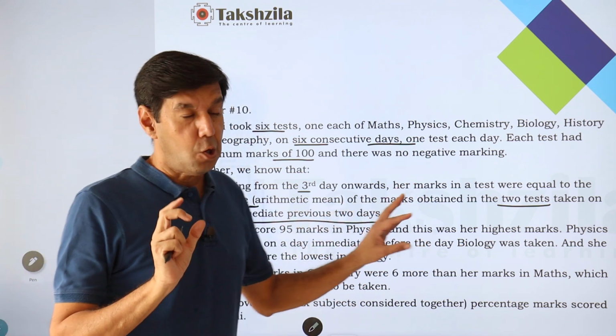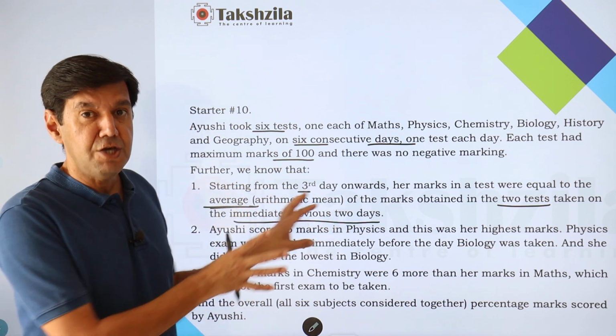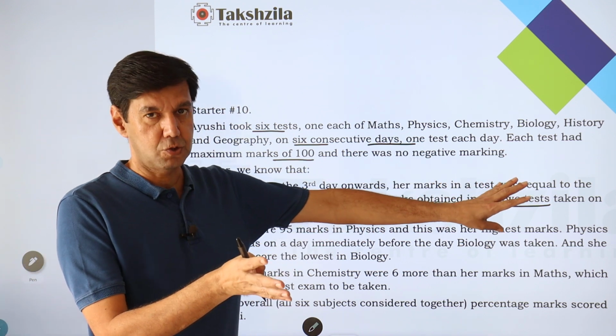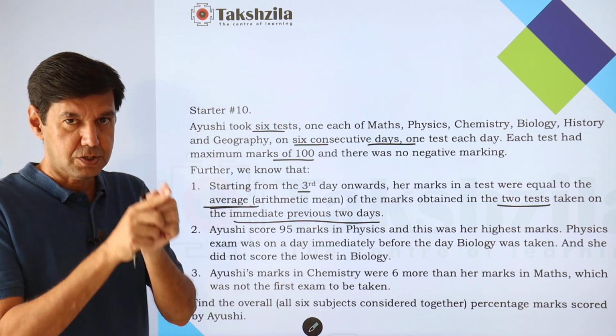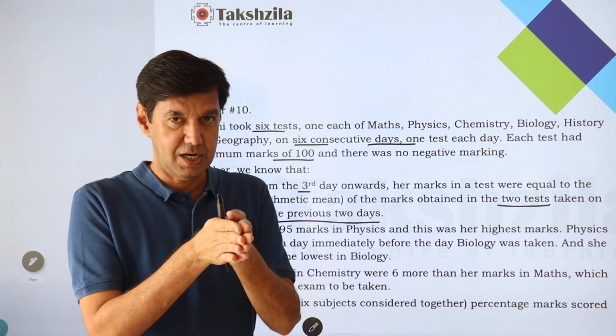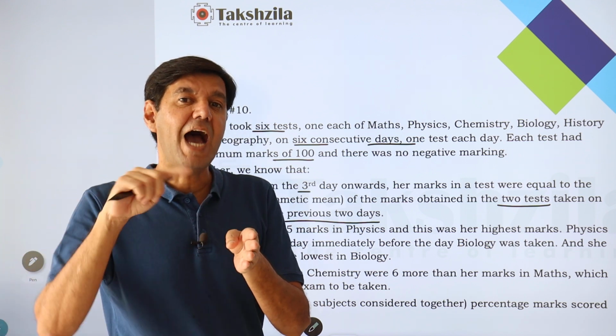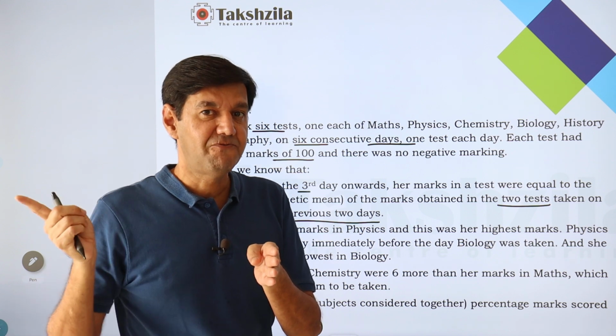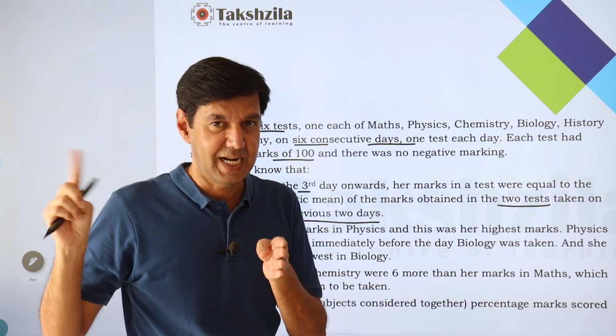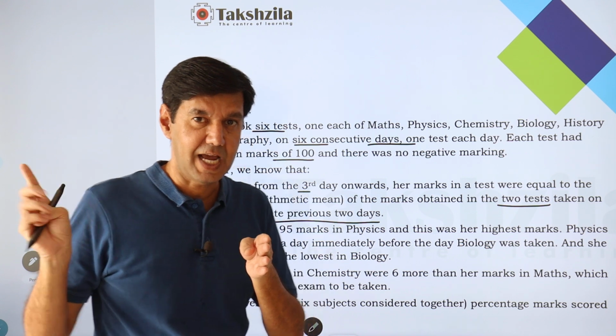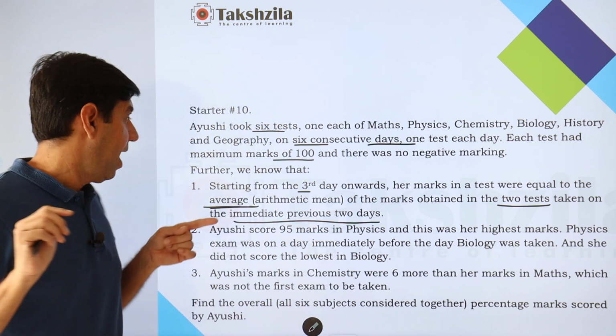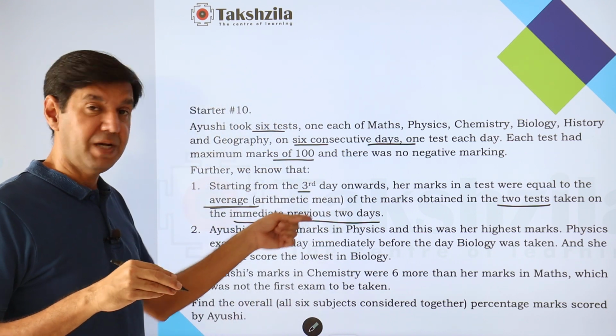Pause. So, this is a very new clue to most of us. So, the marks of the test taken on 3rd day will be the average of the marks scored in the tests taken on the 1st and 2nd day. And starting from that, the previous 2 days.